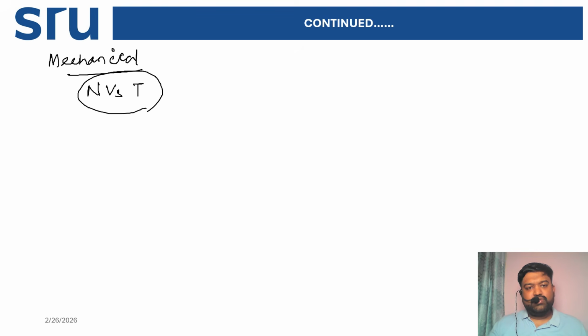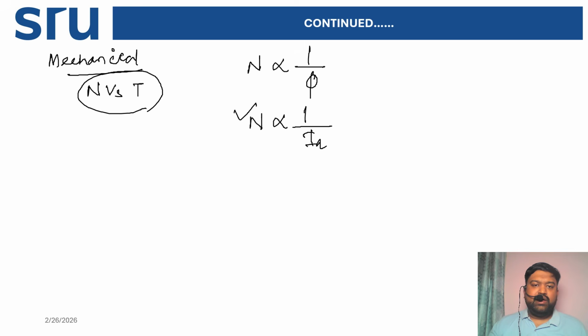You see here, we already derived one formula, that N is inversely proportional to the flux. Then in the series circuit, we derived another formula: the flux is directly proportional to the armature current, so N is nothing but 1 by Ia, inversely proportional to Ia.